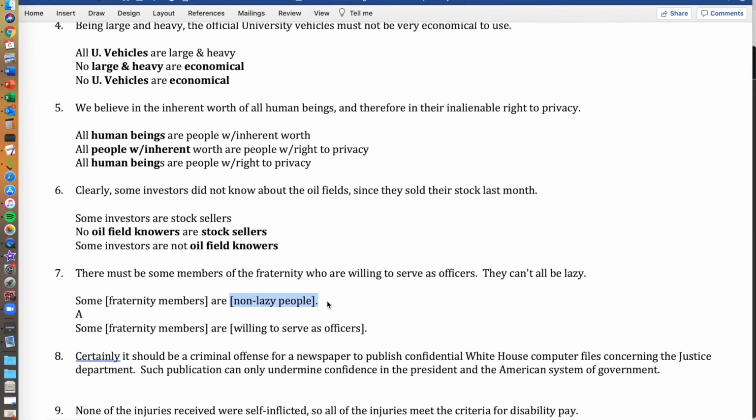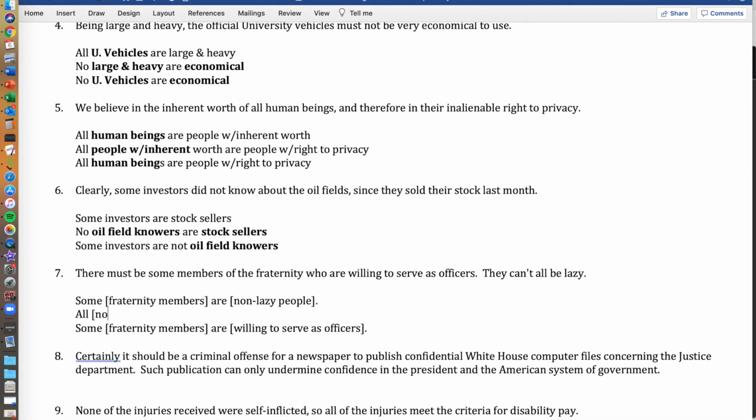And the middle term is not distributed in the first premise because it's predicate of an affirmative. But the middle term rule is middle terms must be distributed once and only once, so this has to be distributed when it reappears. And that tells me that this missing premise is also universal, because a universal affirmative is the only kind of an affirmative that gives me a distributed term in the subject position.